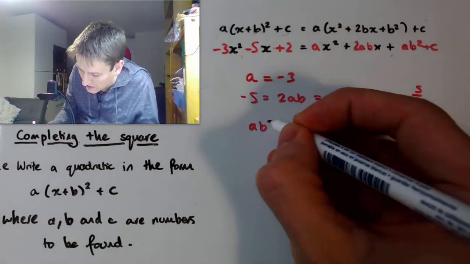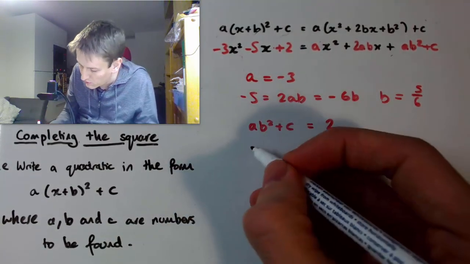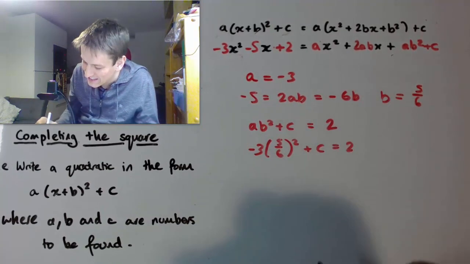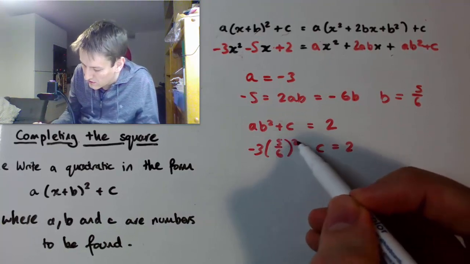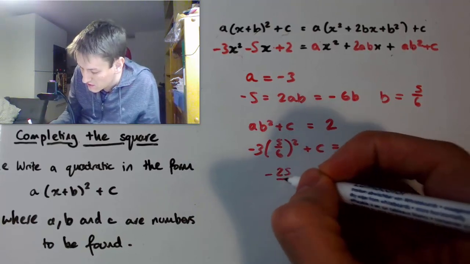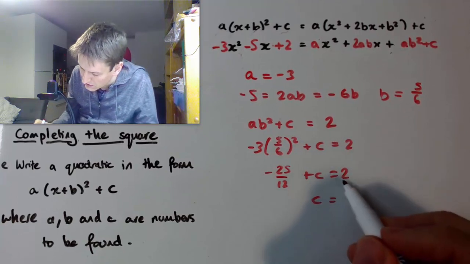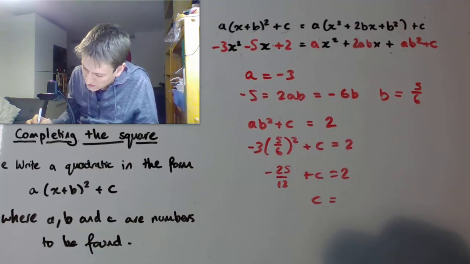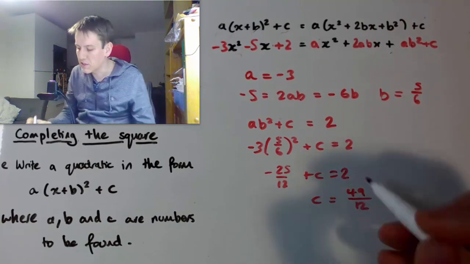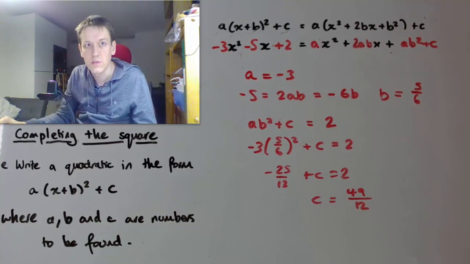And then I do ab squared plus c equals the 2, so I've got minus 3 times 5/6 squared plus c equals 2, so here I'd have 25 over 36, times by 3, 25 over 12, so minus 25 over 12 plus c equals 2, so c equals 2 plus 25 over 12, which is 49 divided by 12, because 2 would be 24 divided by 12, and 24 plus 25 is 49.